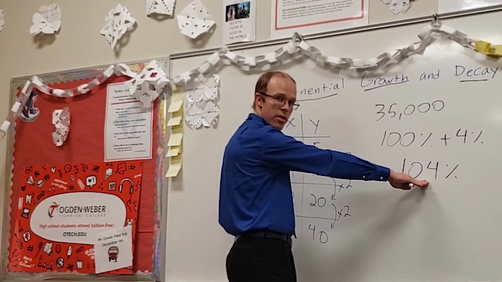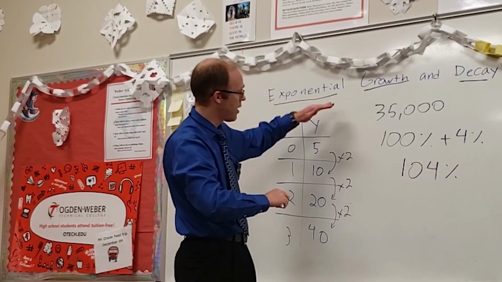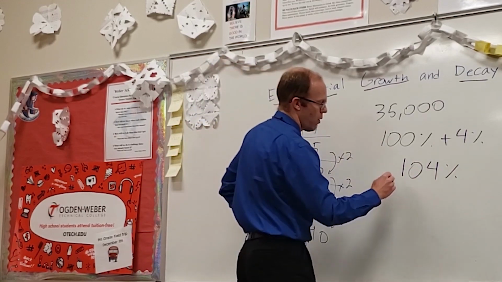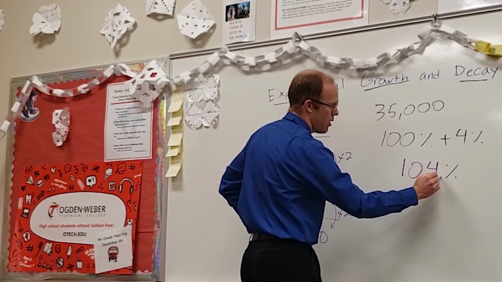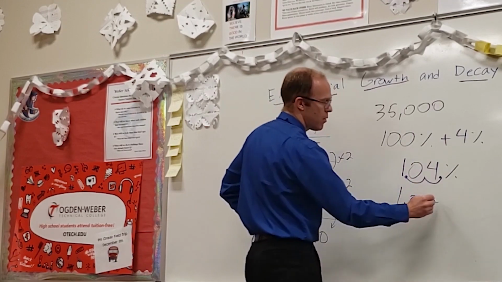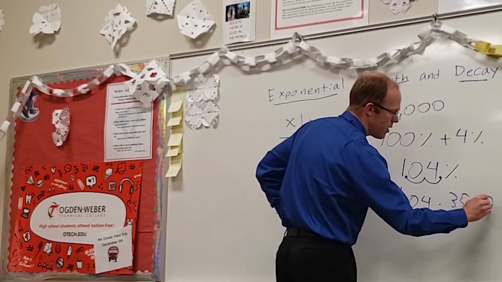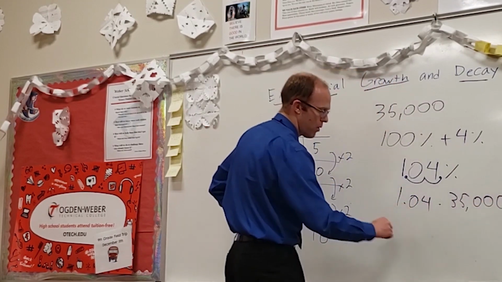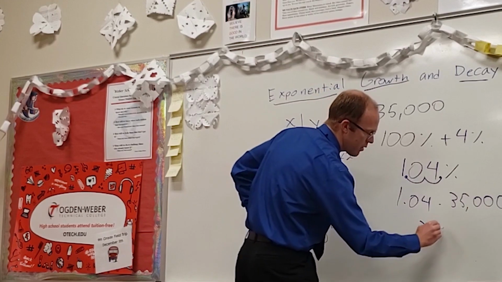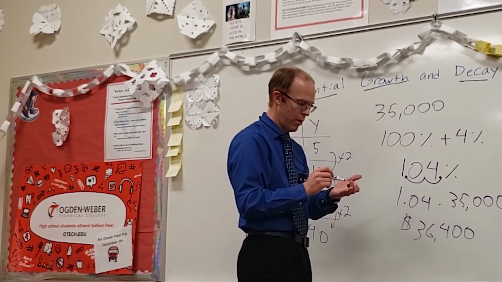Now we can turn this into a decimal and use it to multiply, and that will be our exponential function. So that would be written as a decimal, 1.04, and we multiply that by 35,000 to get us a total of $36,400, like we did before.